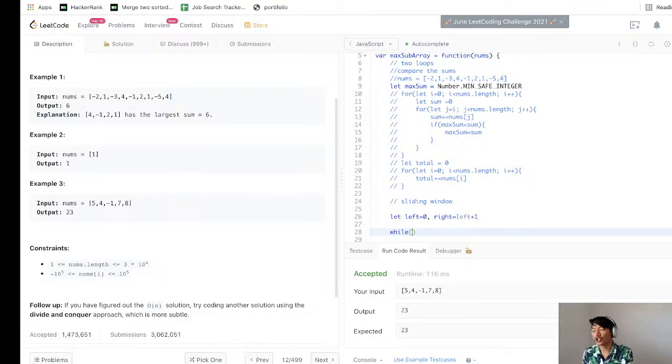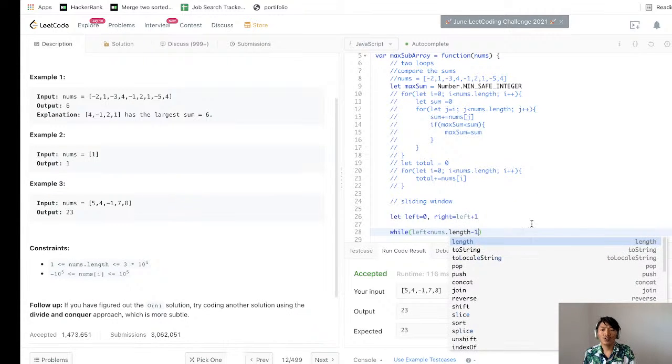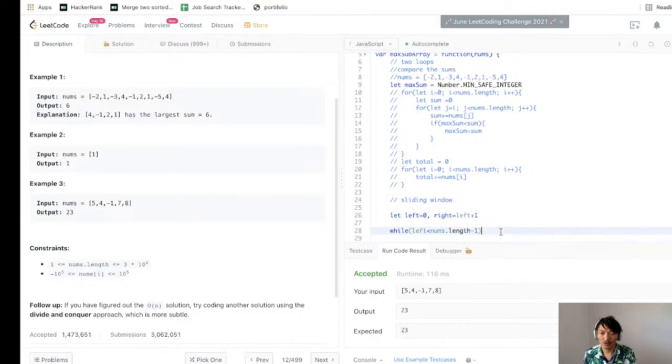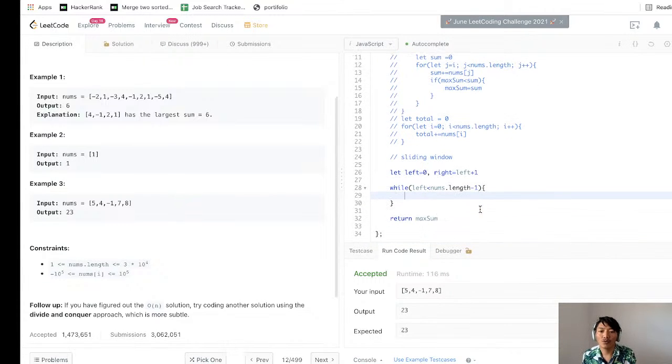What is the exit condition? The exit condition will be when right reaches the top right and then left reaches top left. So what I'm thinking is while left is less than nums length minus 1, because they should have a difference of one. All right, so here the fun begins.